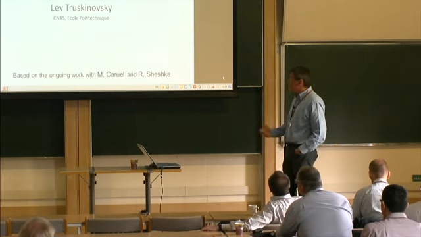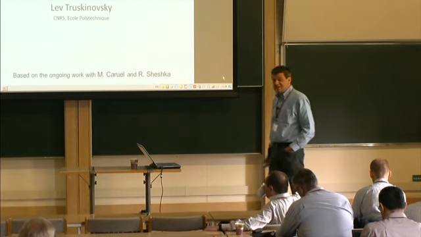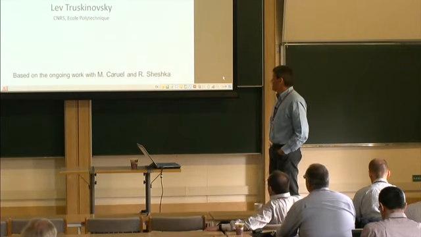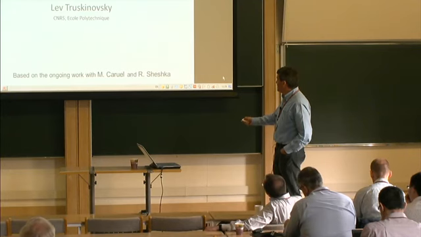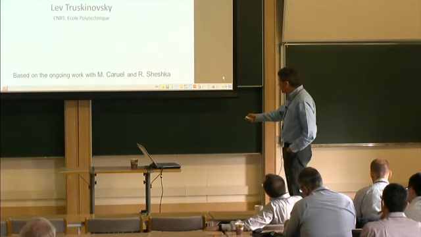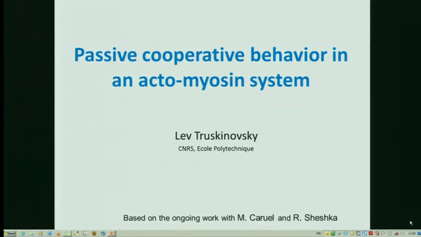Obviously it lacks a lot of properties of a generic system, but the advantage is that you can go quite far in making it transparent. This is ongoing work with the PhD students Matthew Carroll and Roman Sheshka, done at École Polytechnique.